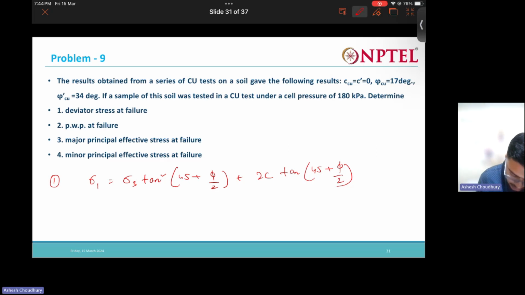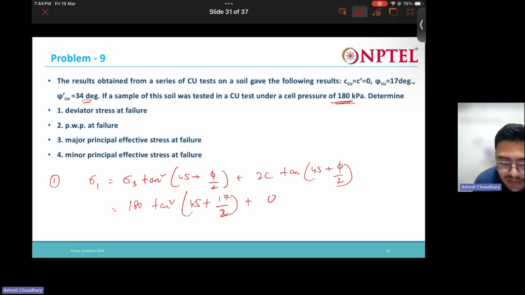Sigma 1 you don't know, sigma 3 you know, cell pressure is 180. The total values you have to put, with phi 17, because C is 0. Why total stress values? Don't confuse and put the effective stress values here, because whatever value is given as cell pressure is the total value, not the effective value.